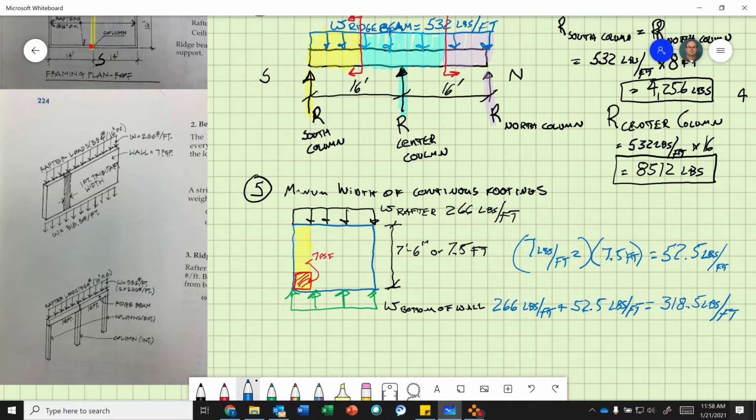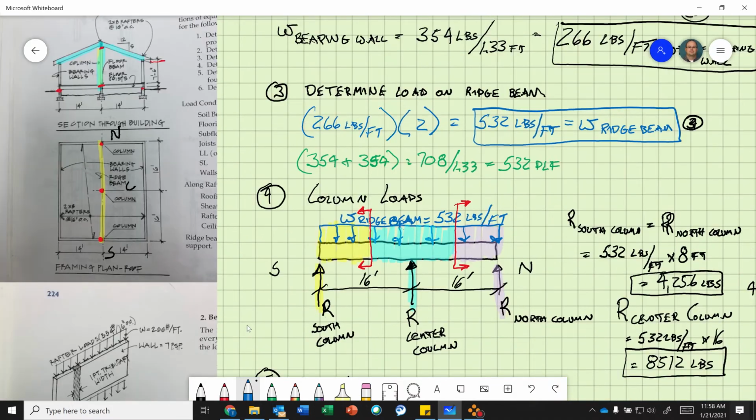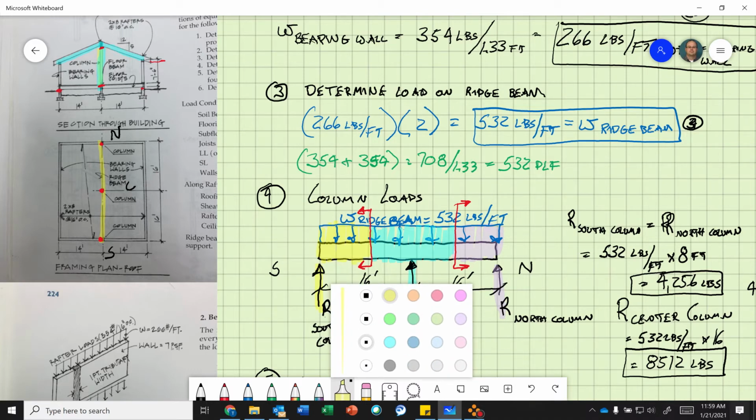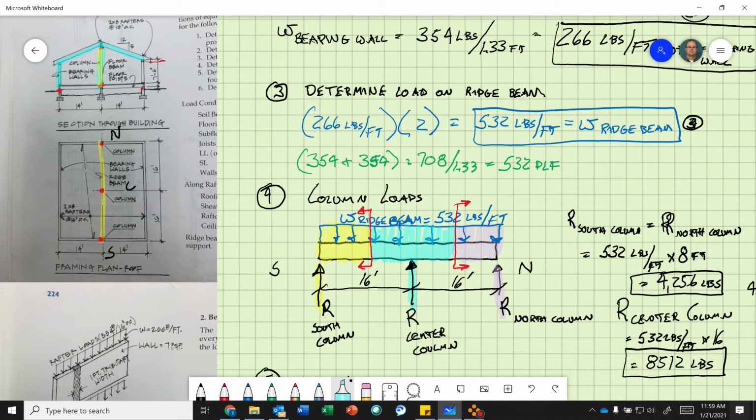Okay, so now what do we have? We have our wall. So our line load on top of this and the top of this is 318.5 pounds per foot. So now we have moved the loads down here and down here.